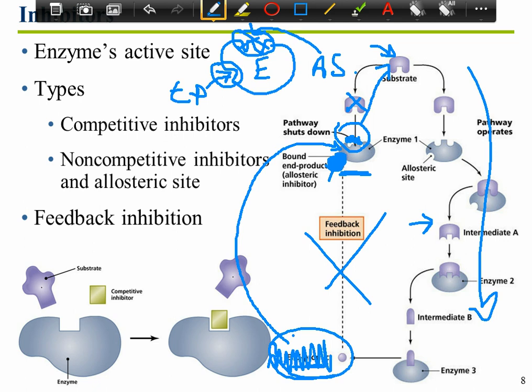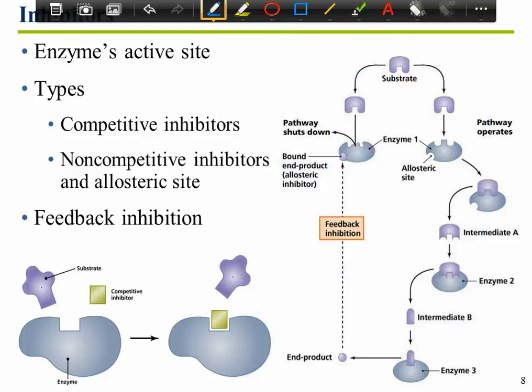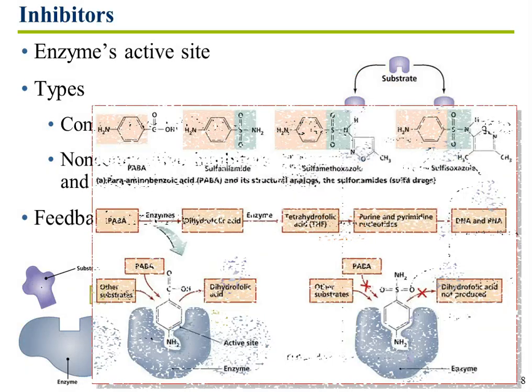This is called feedback inhibition. The end product is feeding back to the first chemical reaction, blocking the enzyme function. I'll give you better information in lecture.